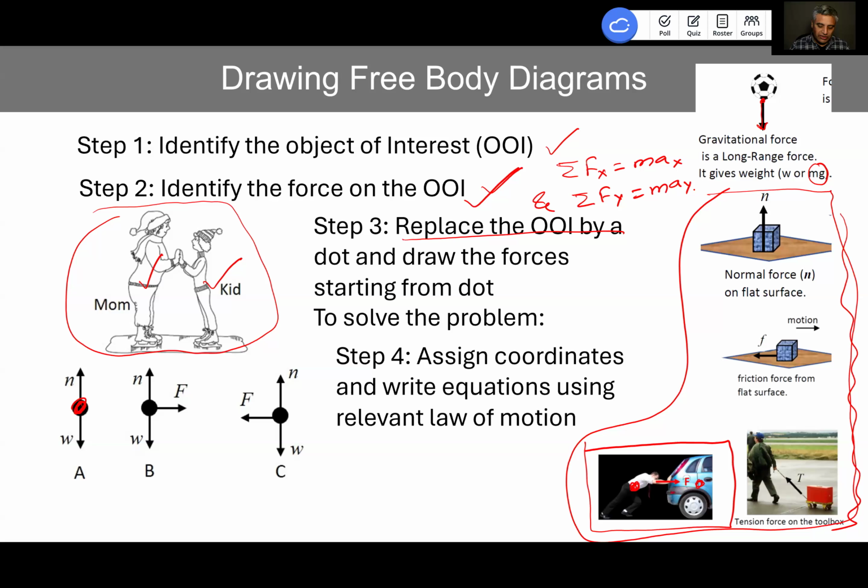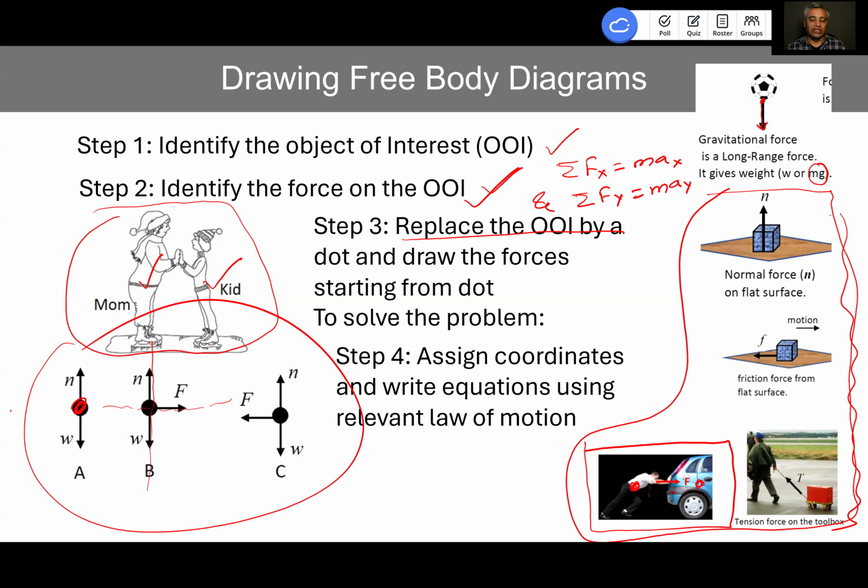Okay. So for that, we try to choose a coordinate that contains the maximum number of forces going through the chosen coordinate. So for this free body diagram, if I were to choose coordinates, one would be horizontal, another would be vertical. That way, all these forces are lining up along that direction.